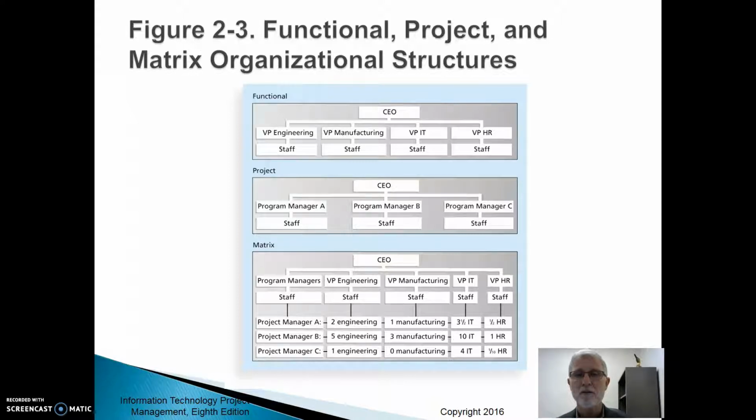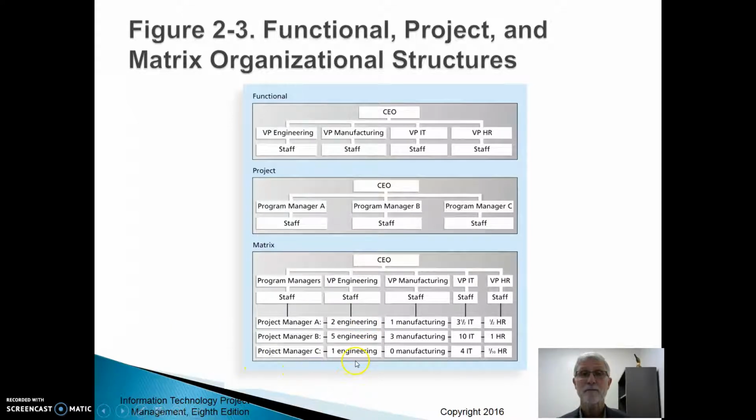So projects are hard to manage that way. And then there's a combination, a matrix, where I've got my functional organizations, but I also have project managers that cross multiple disciplines. So project manager A goes across all the different groups making sure they have what they need for their project. They report up the line to their program manager. Basically everybody here has two bosses.